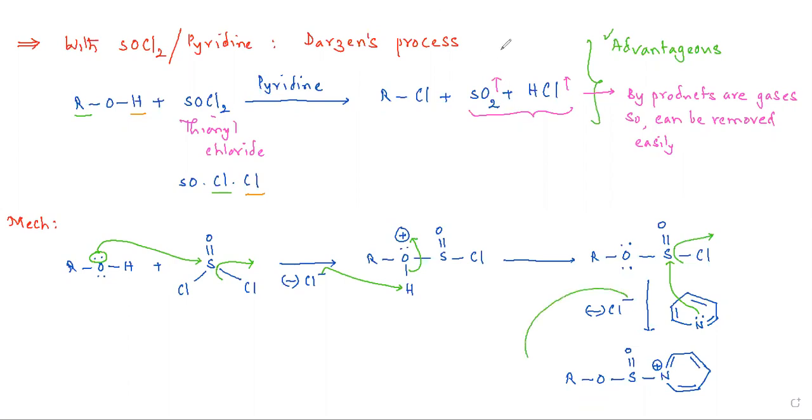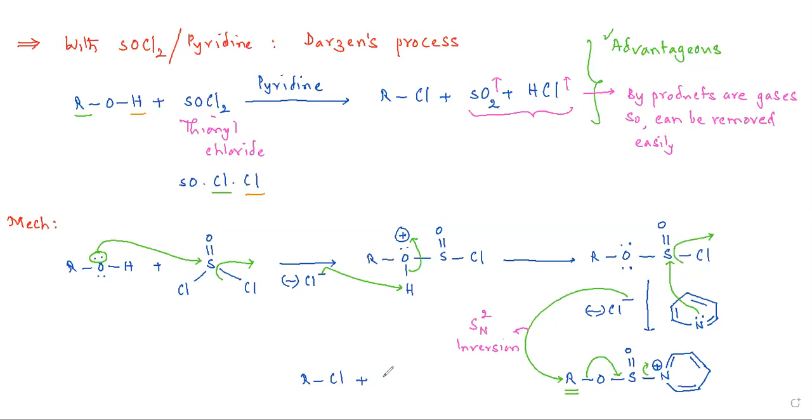Now this chloride attacks the alkyl group from the backside, as I said even earlier also. This is SN2 with inversion due to backside attack. Now, as and when the chloride attacks, this comes here and this goes towards the positive charge. So that is how you get the final products.